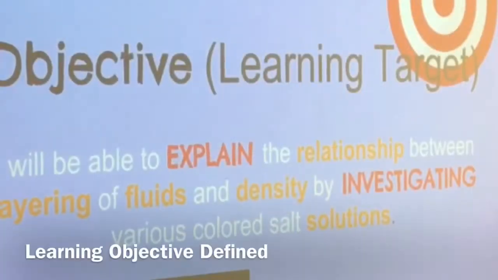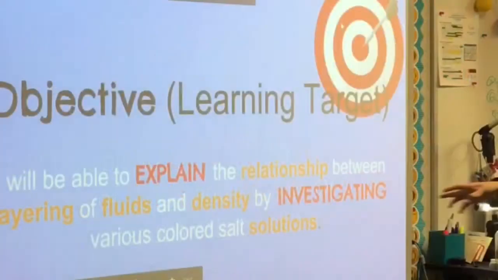Read the white, and I want you to read the color markings, okay? So your learning target today: I will be able to explain the relationship between layering of fluids and density by investigating various colored salt solutions.